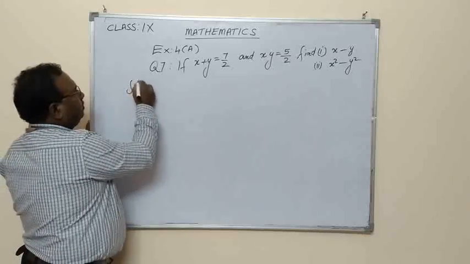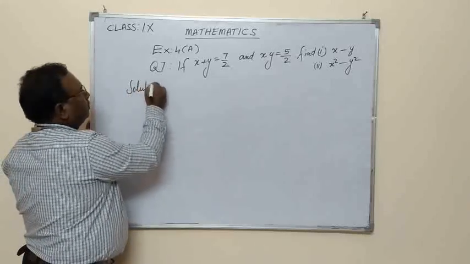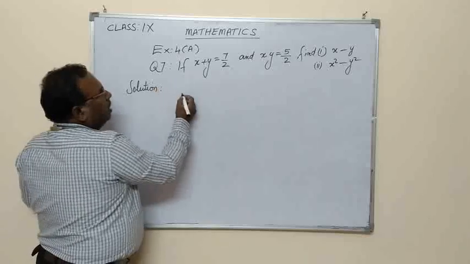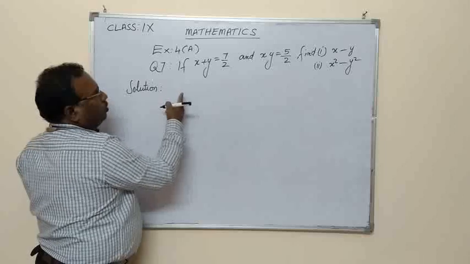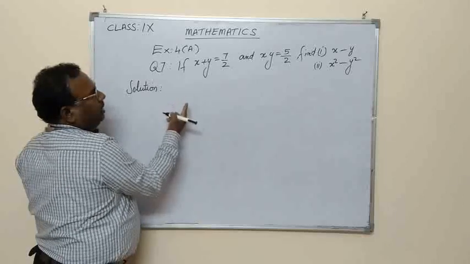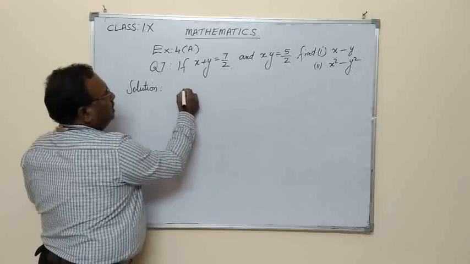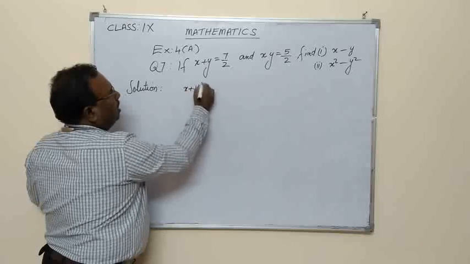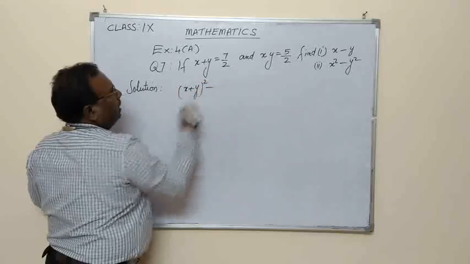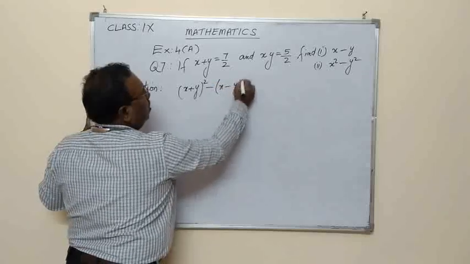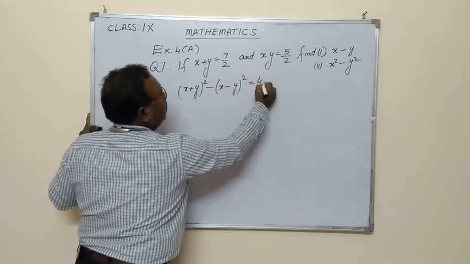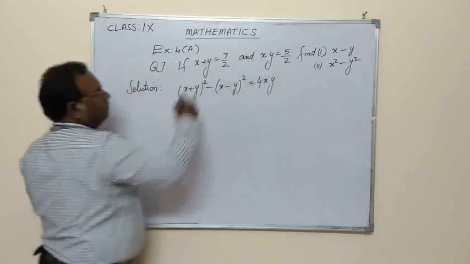Solution. To find out x minus y, we choose the required identity, that is (x plus y) whole square minus (x minus y) whole square equal to 4xy.